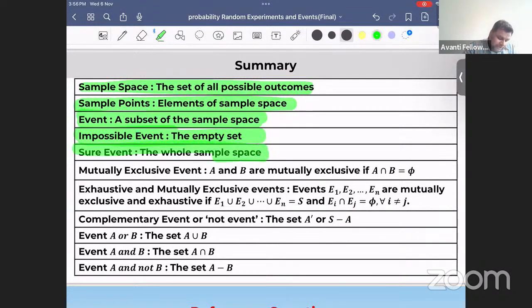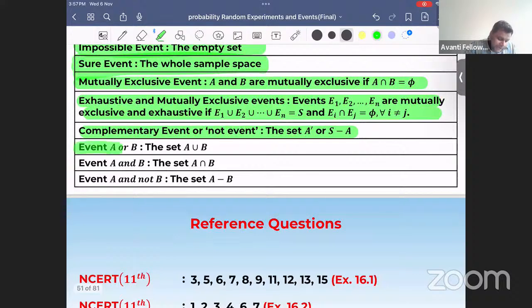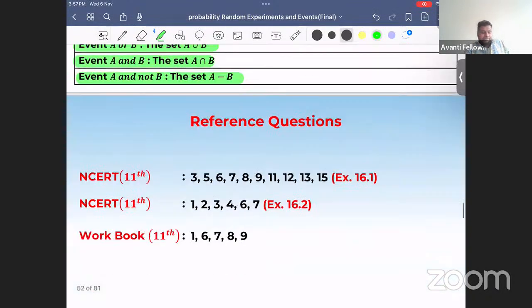Sure event: the entire sample space. Got it? Mutually exclusive events: A and B are mutually exclusive if their intersection is empty. Exhaustive events: events are exhaustive if their union is the sample space, and they are pairwise disjoint if mutually exclusive. Complementary event means not A. A or B means A union B, A and B means A intersection B, and A and not B means A minus B.